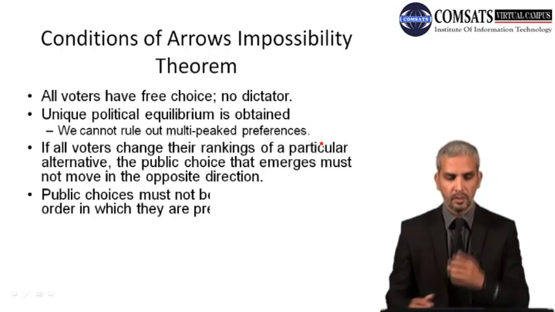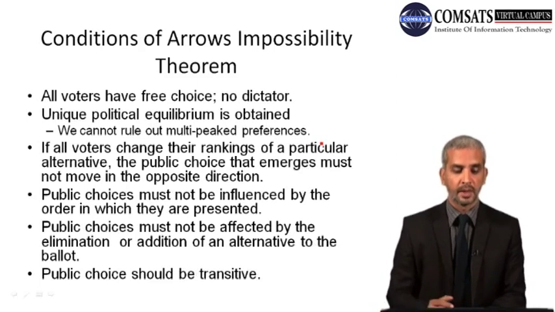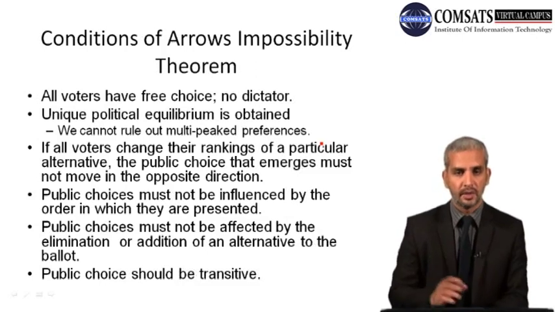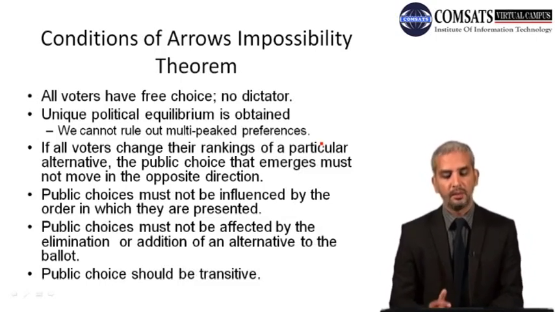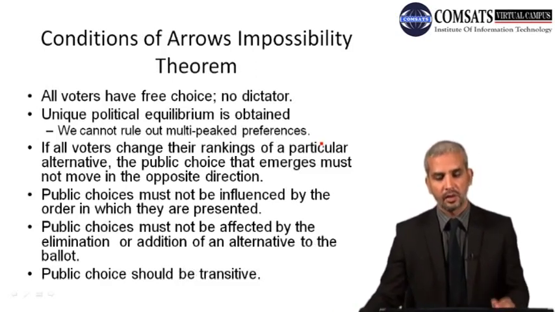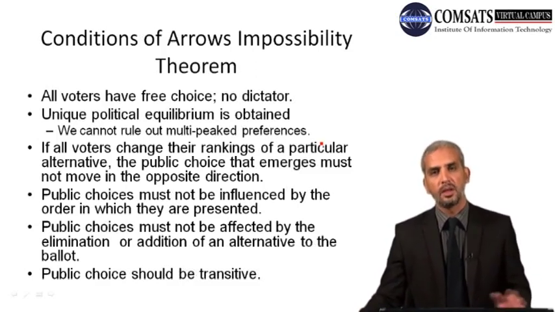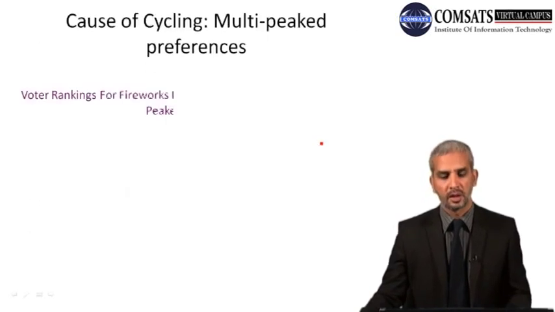The conditions are: all voters have free choice, a unique political equilibrium is obtained in the presence of multiple peaked preferences, if all voters change their rankings of a particular alternative the public choice must not deviate in the opposite direction, public choice must not be influenced by the order in which alternatives are presented, public choice must not be affected by elimination or addition of an alternative, and public choice should be transitive. If we meet all these conditions, it would be impossible to reach a public choice using a voting mechanism.